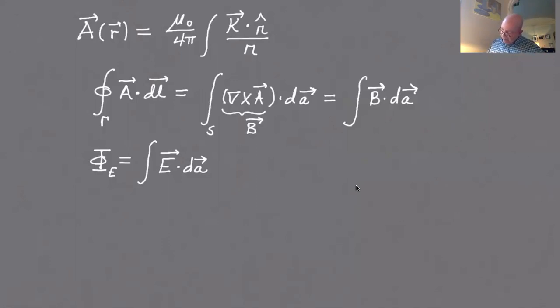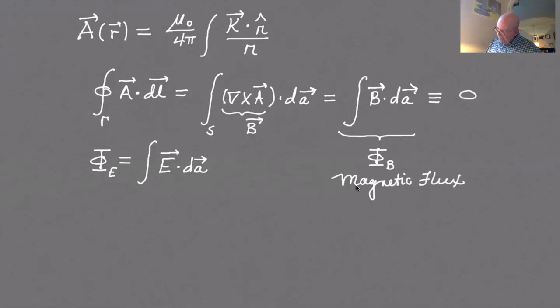By analogy, we call this the magnetic flux. We might have met this in university physics too if we got to Faraday's law, which I typically do. This is defined as phi of B, and I'm not so sure that Griffiths designates this with a subscript, but I will.